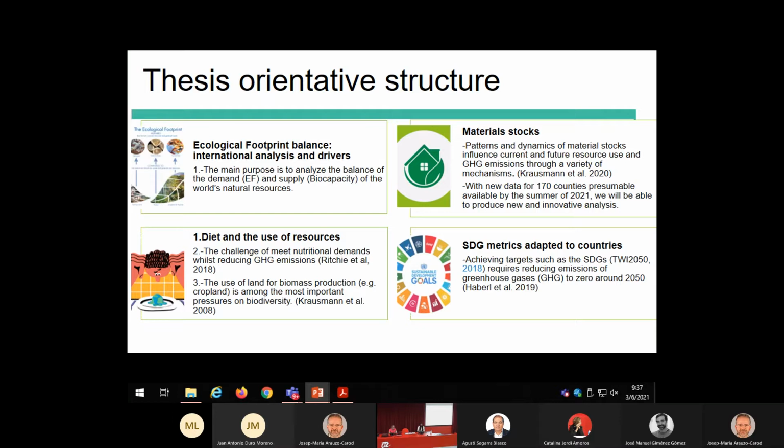The second pillar, well, this thesis will have 4 pillars. As I mentioned, first is the ecological footprint. The second would be the material stocks, and well, this is motivated by the patterns and the dynamics of material stocks influence current and future resources use, and the greenhouse gas emissions, well, through a variety of mechanisms.